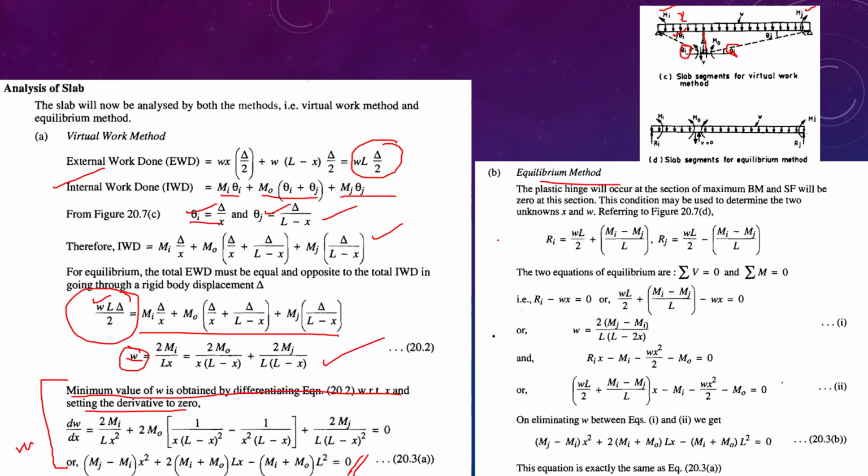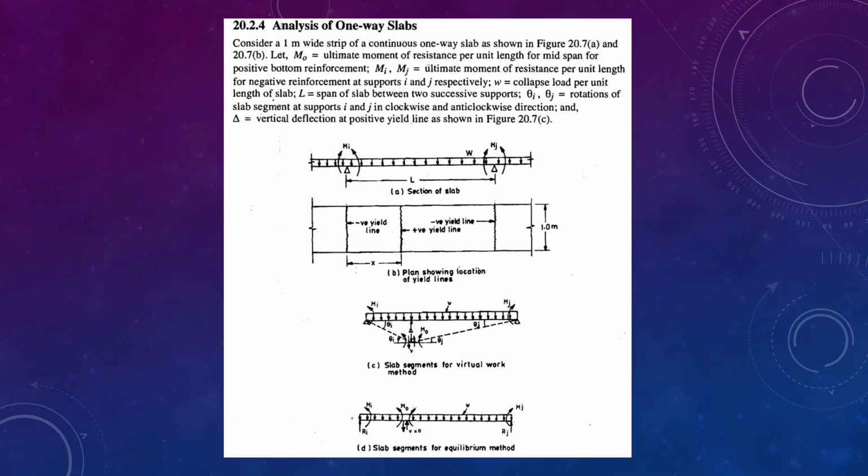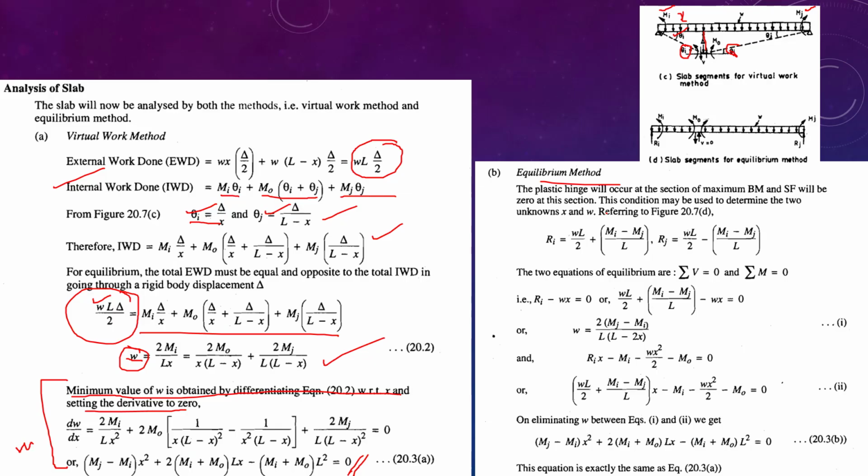So we will come back to our basic static equilibrium used in engineering mechanics: sigma V equal to 0, sigma M equal to 0. That's why we introduced the reactions Ri, Rj here. In the equilibrium method, the plastic hinge will occur at the section of maximum bending moment, and shear force will be zero at the section.